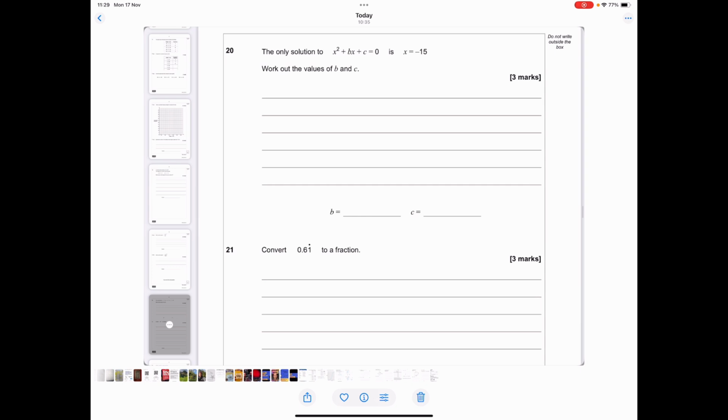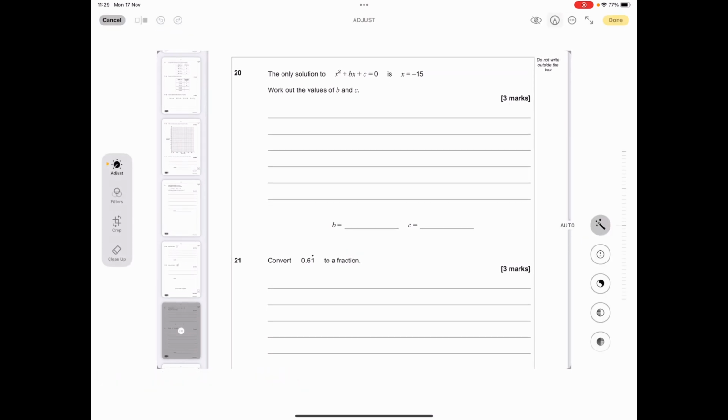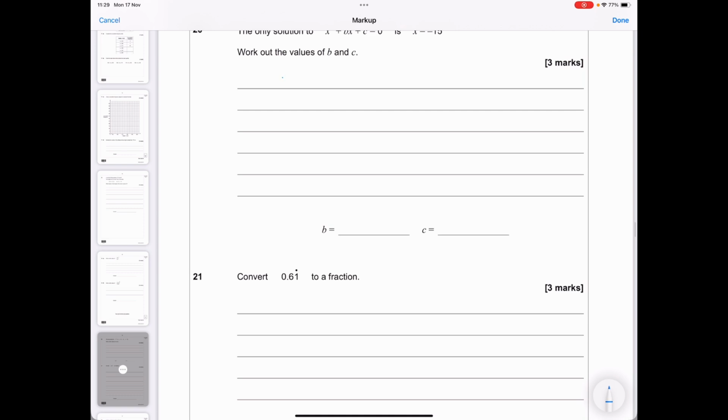And then finally, the only solution to x squared plus bx plus c equals 0 is x equals minus 15. Work out the values of b and c. So that means that the answer is that x plus 15 squared is going to be the answer.